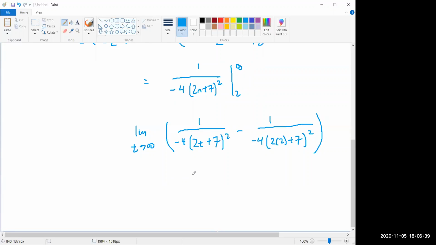So we get just the second term, which is positive now, 1 over 4 times (2 times 2 plus 7) squared.